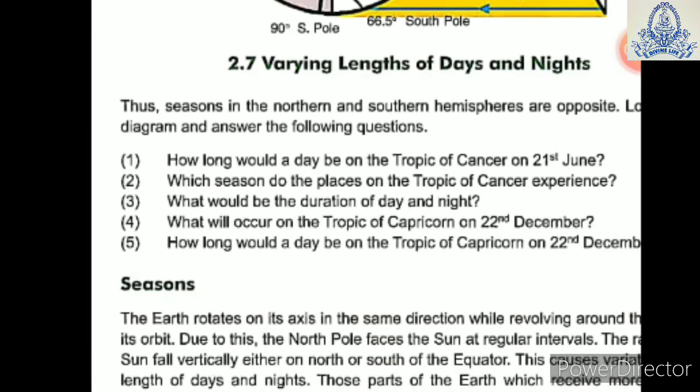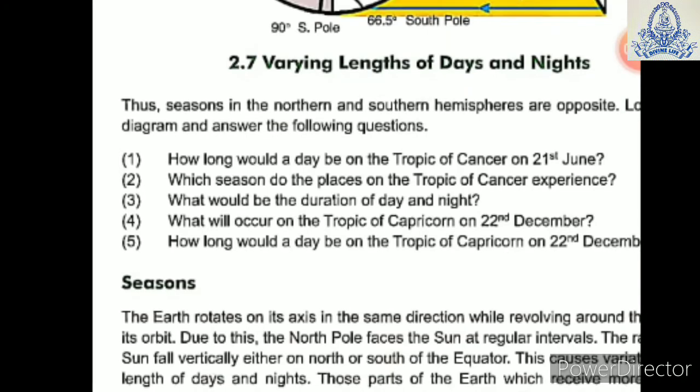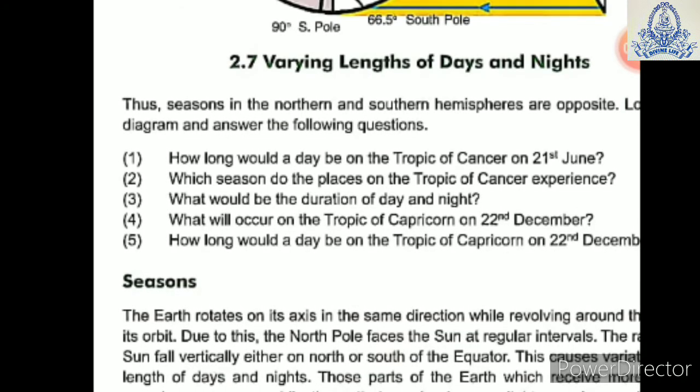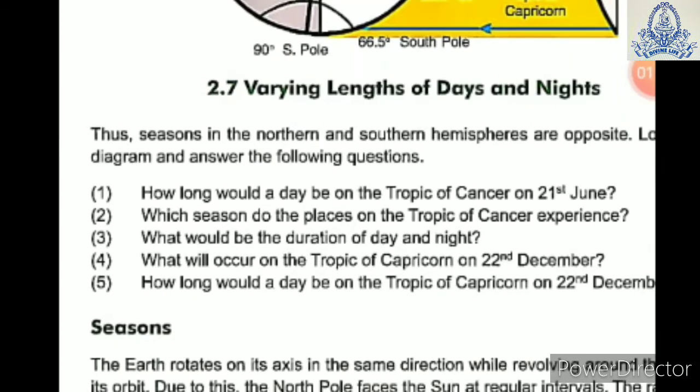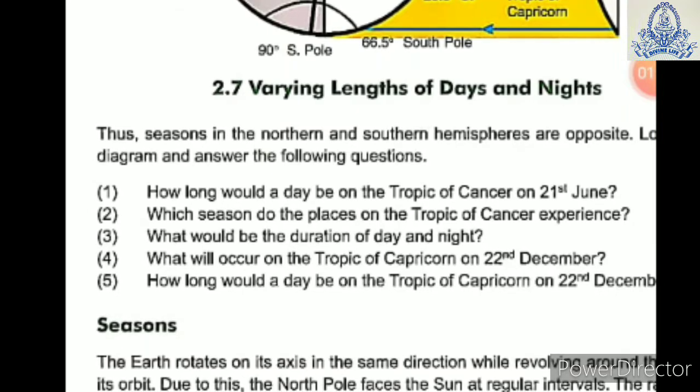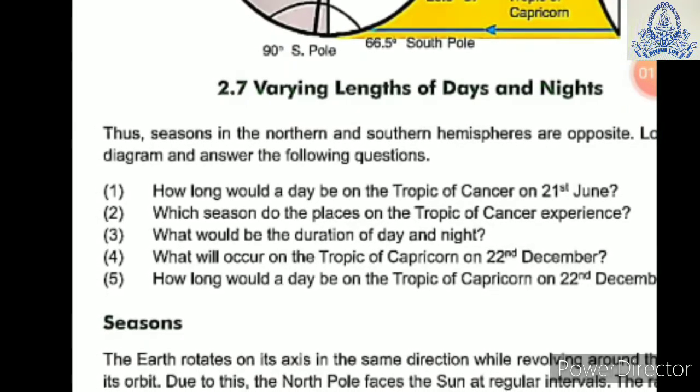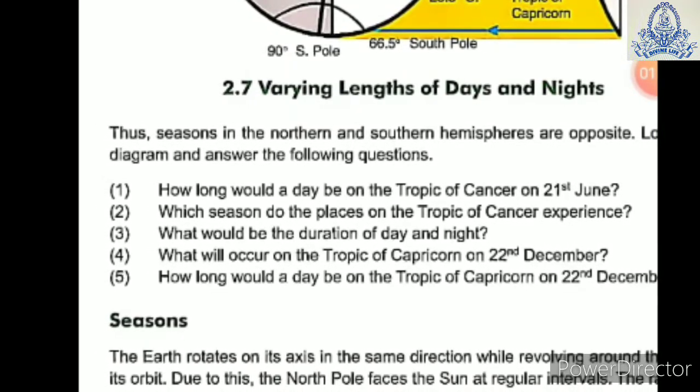That means here the days are long, but at the same time the southern hemisphere is getting less heat, so days are short. So in this manner we can't fix or say any perfect hours of a day on 21st June, because the two hemispheres are different and opposite to each other.